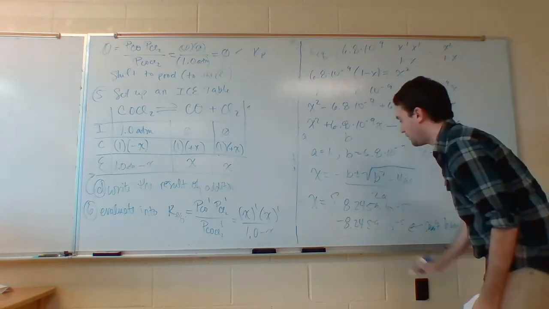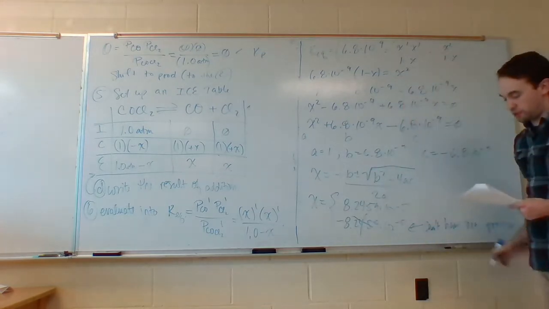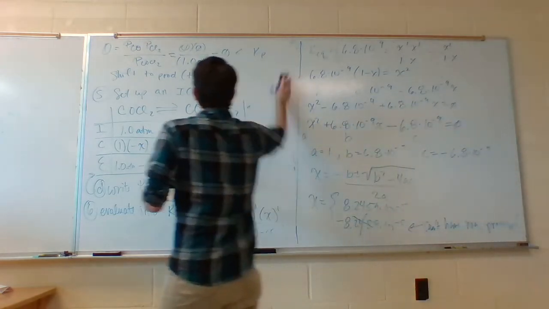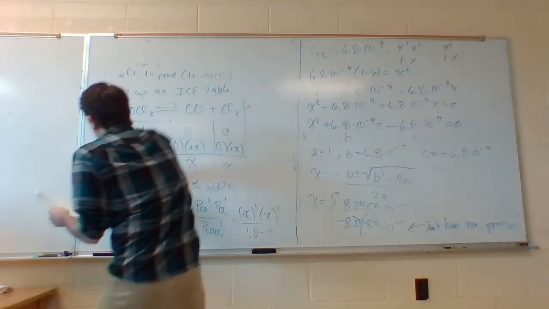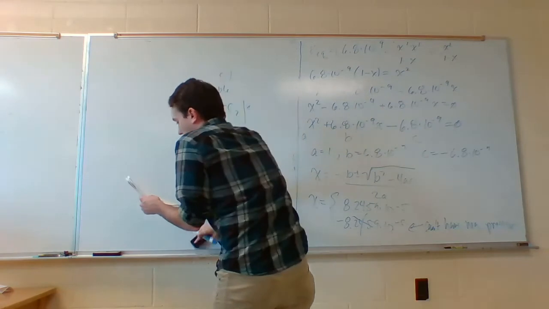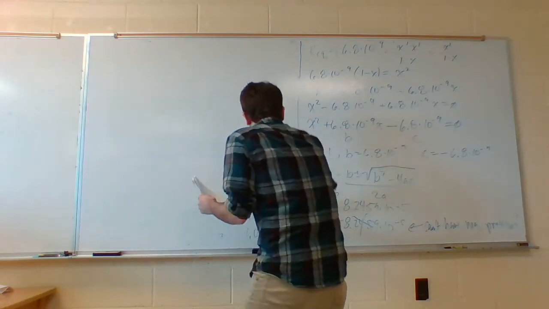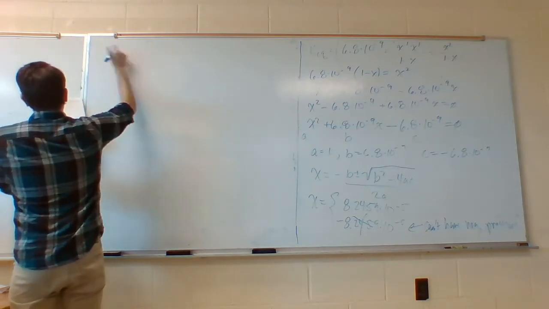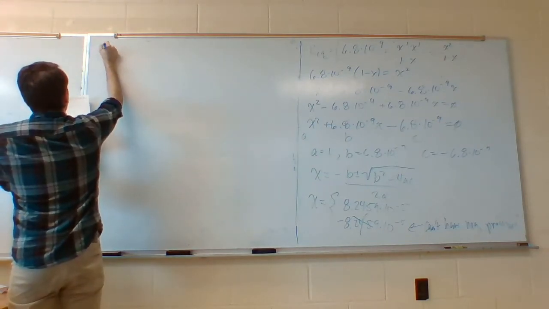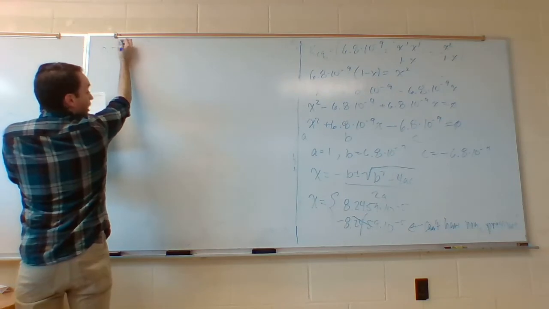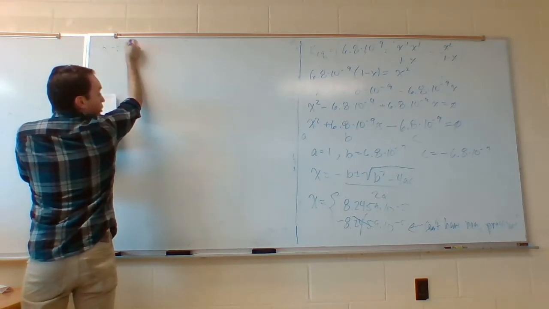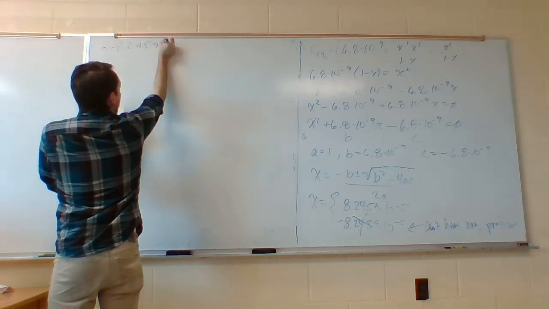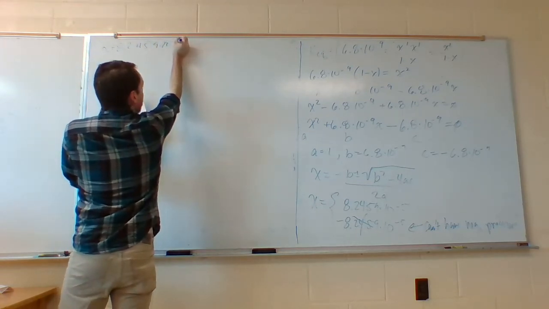So if we can't have negative pressure, we know that that is not our solution. So that was step 6. We are continuing on step 6. So now we know that x has to be equal to 8.2459 times 10 to the negative 5th.